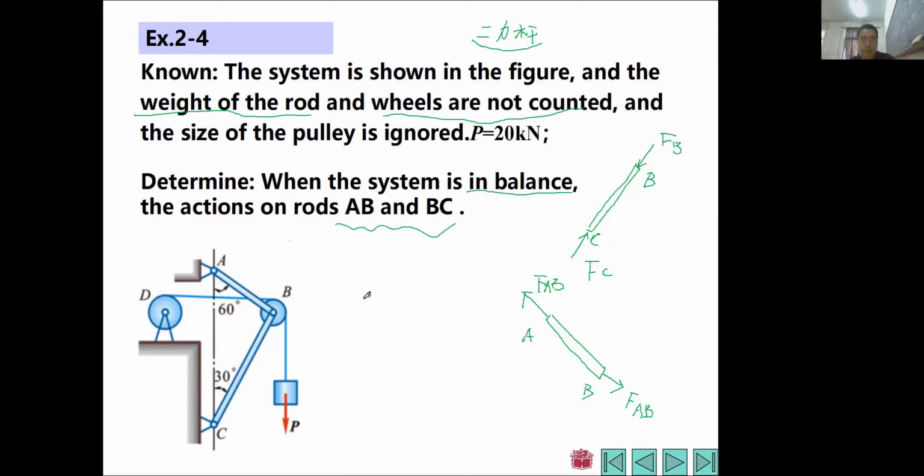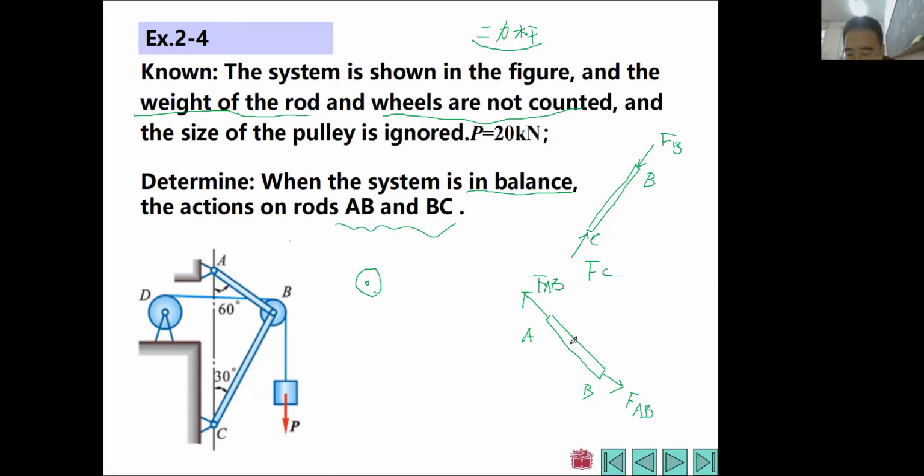So if we try to solve this system, we will take this point of this trolley to be the object to study. We think that the pin is fixed with this pulley. So actually, we just consider the action and reaction force point of view.